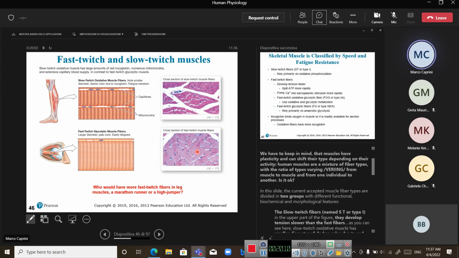But in any case, we have to keep in mind that muscles have plasticity, like neurons, and they can shift their type depending on their activity.